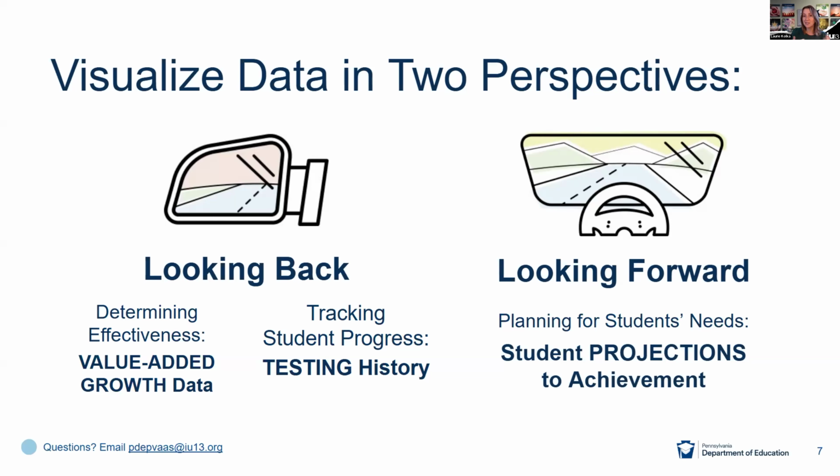Your currently enrolled seventh graders, we have predictions for how well they might score on a future Keystone, even a future AP exam. So we're able to utilize the analysis tools in PVOS to also draw out this future prediction based on what we know about your students' testing history and what we know about all of the students in Pennsylvania who have come before them and who have already taken these assessments.